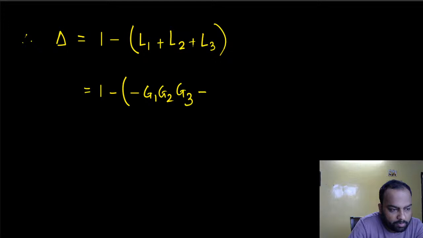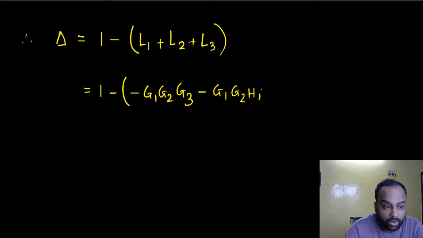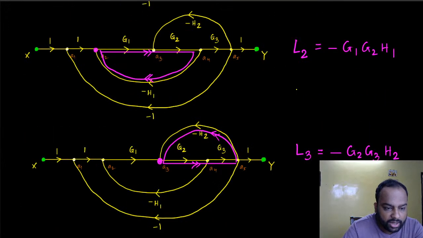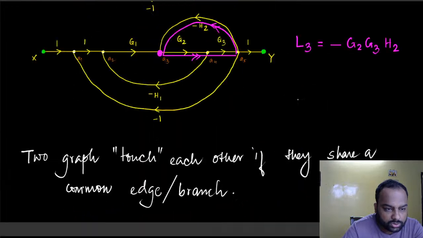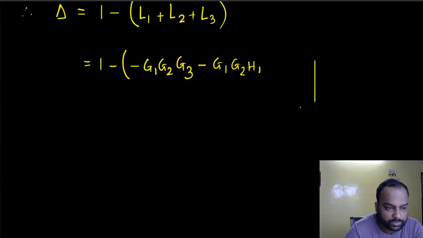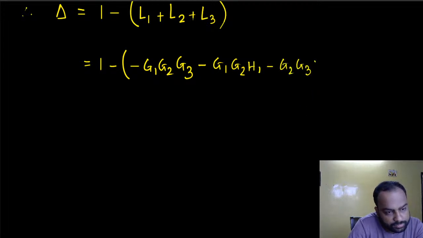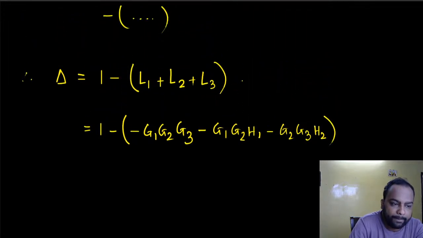What is L3 now? L3 is minus G2, G3, H2. End of story. Now I have loop gain pairs.